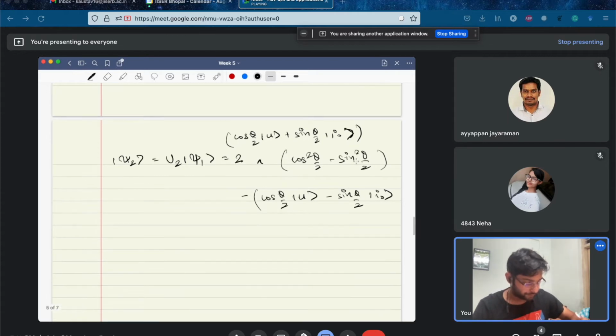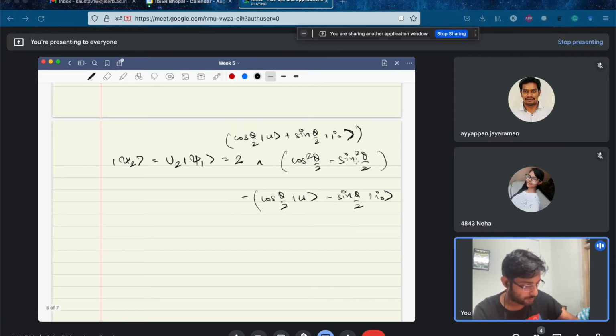Now, let me just write down the coefficient of the u state. Okay, now the coefficient of u state essentially gives us your cos theta by 2, then there is cos square theta by 2. Let's say I take 2 cos square theta by 2 minus 1, and we have minus cos theta by 2.